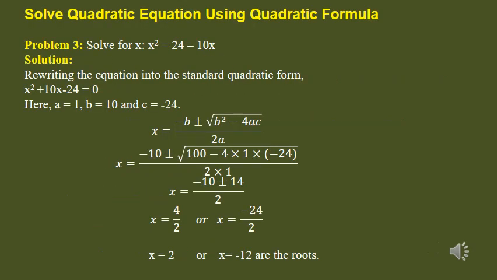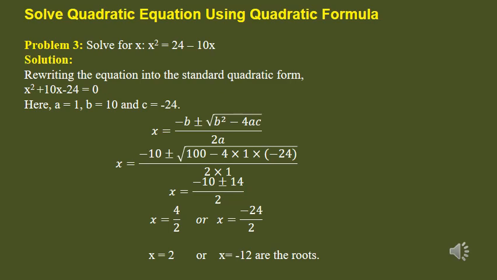Now we see another variety of quadratic equation, and another method which we use for solving it. The given example is x square minus 24 minus 10x. First of all, we rearrange the terms and make it a quadratic equation. So x square plus 10x minus 24 equal to 0, this is our quadratic equation.